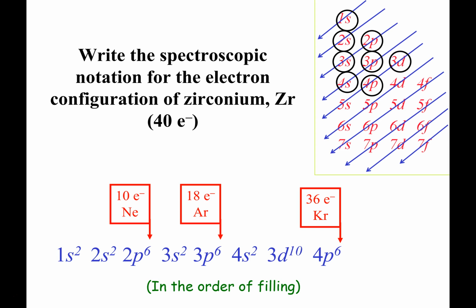So we're at 36, we need 4 more, so now where do we go? Yep, now we go to 5s. And how many electrons? 5s2, I'm liking it. Now where do we go? 4d, and how many electrons? 2. You got it.